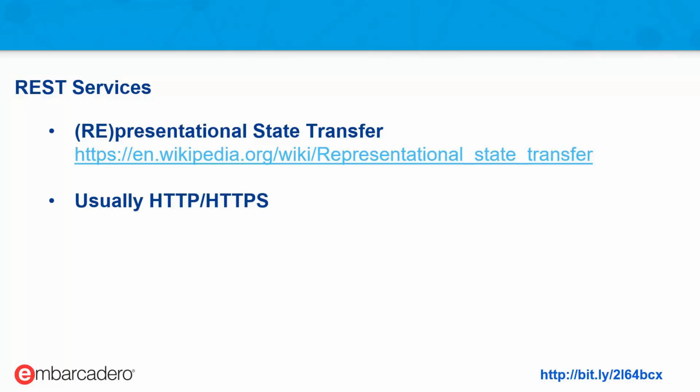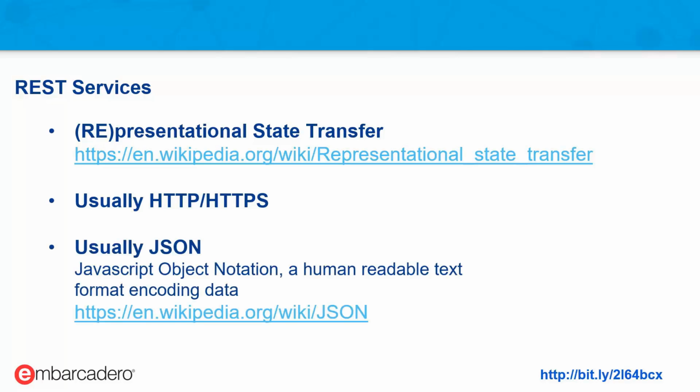Generally, if you hear someone describing a REST service, they're talking about an HTTP service, and they're probably also mentioning JSON, because usually JSON is used, again, as a de facto standard for REST services. JSON stands for JavaScript Object Notation and is a human-readable text format for encoding data. This forms the data transport protocol between a client and a server in a REST-based service architecture.